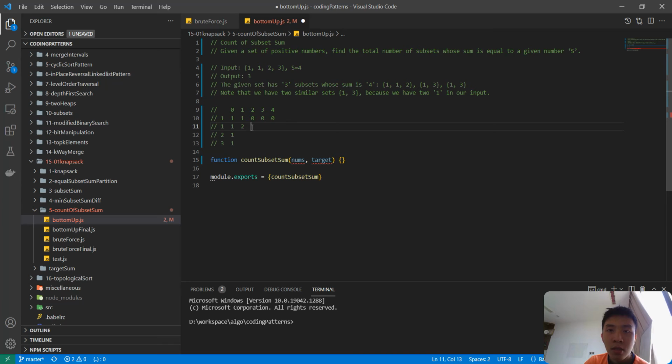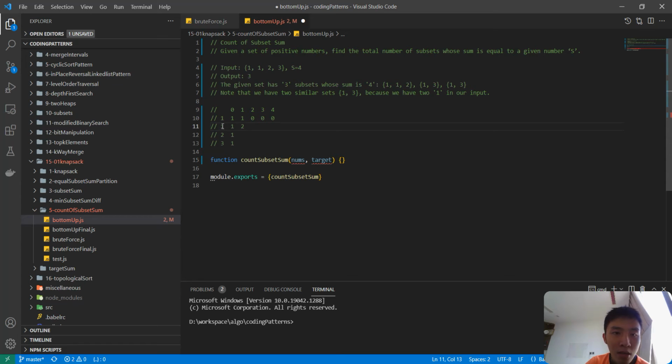The question would be how many subsets can we find that sum up to 2 using the given input of 1 and 1? Again, we have two choices here, which is either take one here or skip one.